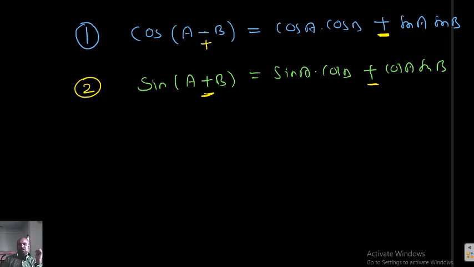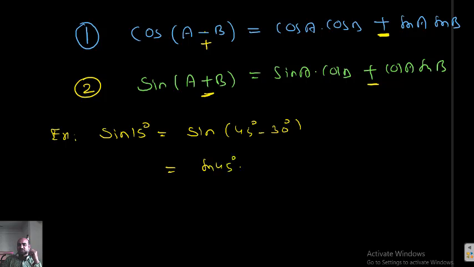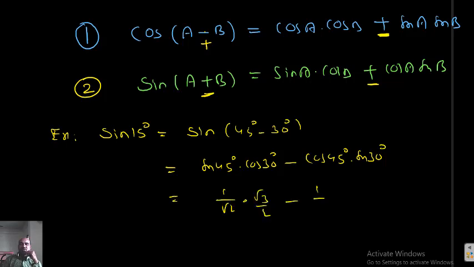Now students, example: sometimes you want to find the sin 15-degree value. That can be written as sin of (45-degree minus 30-degree). Sin of (A minus B) is sin A cos B minus cos A sin B. That is 1 by root 2 into root 3 by 2 minus 1 by root 2 into 1 by 2.